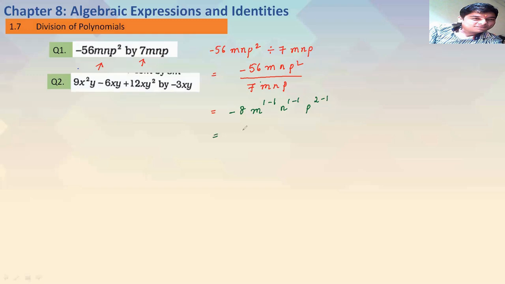So what is it going to be? Minus 8 m power 0, n power 0, p power 1. In the first class, I talked about power 0, right? Anything raised to power 0 is?